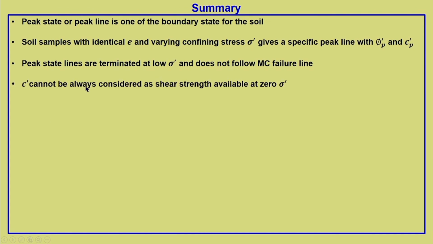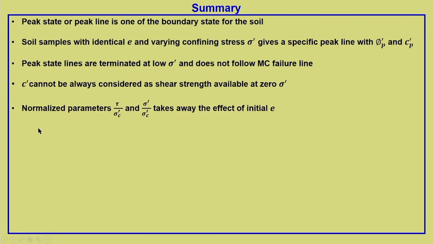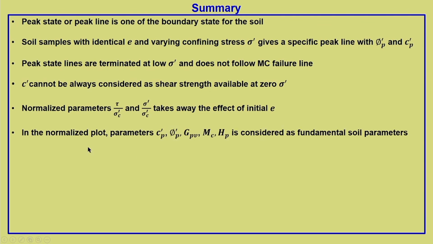C dash cannot always be considered as shear strength available at 0 sigma dash. The normalized parameters tau by sigma dash C and sigma dash by sigma dash C take away the effect of initial E, because it is inclusive in sigma dash C. In the normalized plot, parameters C dash P, phi dash P, GPV, MC, HP are considered as fundamental soil parameters provided the range of sigma dash is fixed.